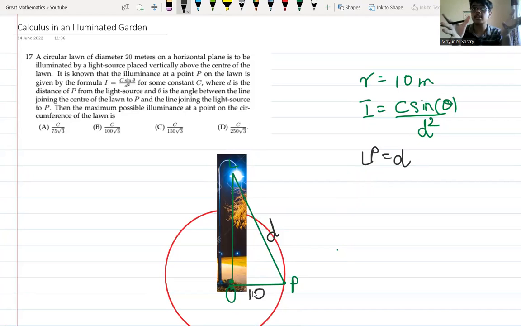What about the angle theta? Theta is the angle between the line joining the center of the lawn to P, which means this line OP, and the line joining the light source to P, that is this to this. So then this must be theta.